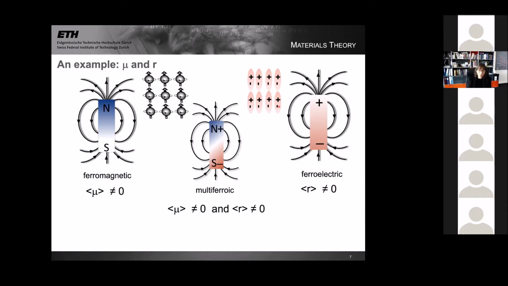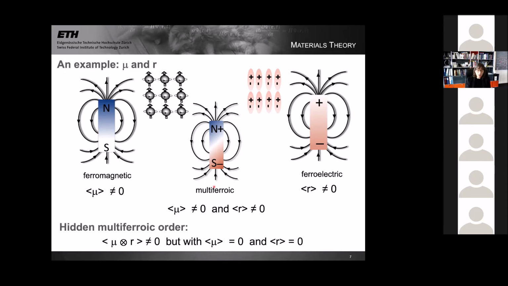I have been interested for a long time in the class of materials called multiferroics, which are simultaneously ferromagnetic and ferroelectric. They have a non-zero expectation value of the magnetization and of the electric polarization. And there's nothing hidden in the order in a conventional multiferroic.